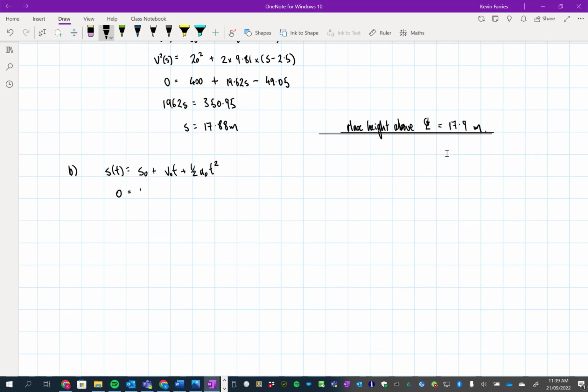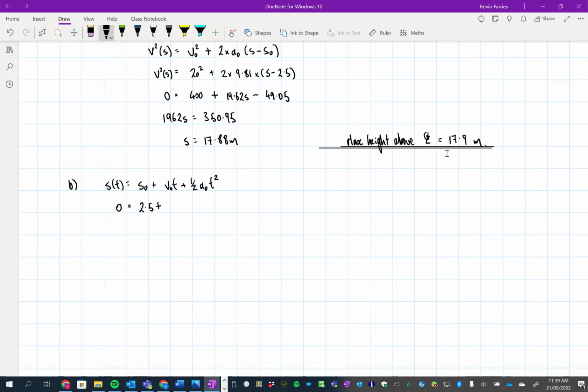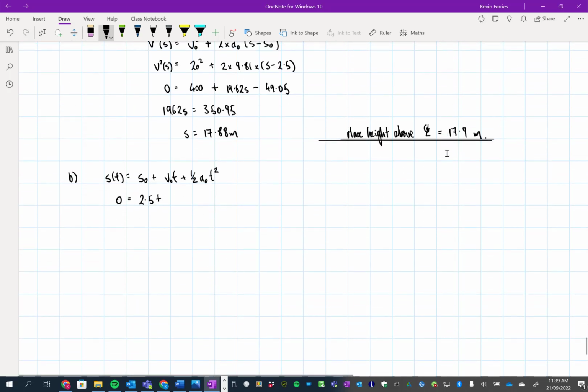It's going to be equal to, our initial displacement was 2.5 meters, plus the initial velocity, which was 20 meters per second, so 20 times t, plus half a t squared.